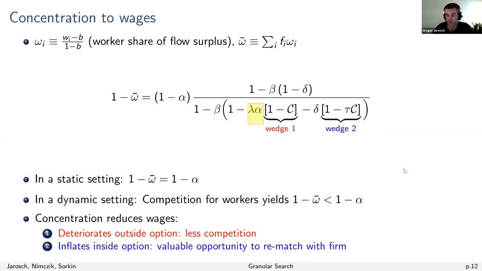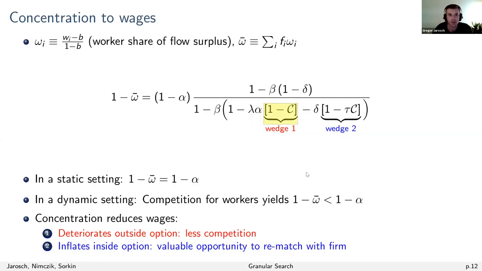The second piece captures that the firm is also inflating the inside option. But I don't want to get into too much detail here, because I omitted a couple of things and I have 15 to 18 minutes. Anyway, the important piece is this here, and you can see how it acts.